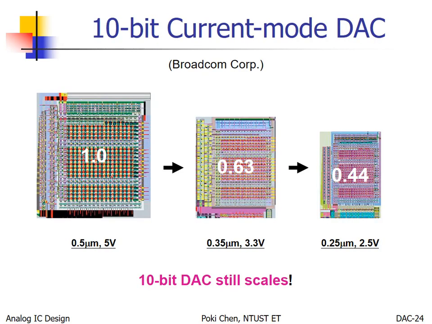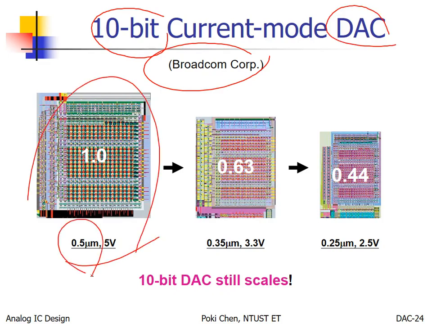And I show you this plot already from the best wired communication IC design house on earth. You can see for such kind of the same number of bits for DAC, according to 0.5, 0.35, 0.25, all the way you can see the process is scaled down. The chip size is scaled down.